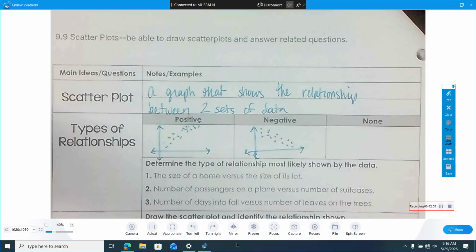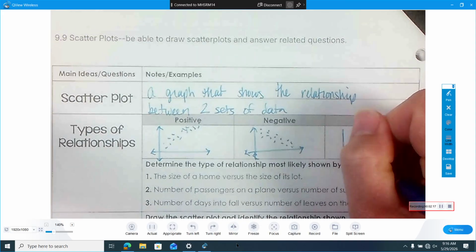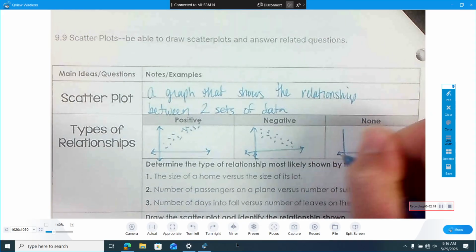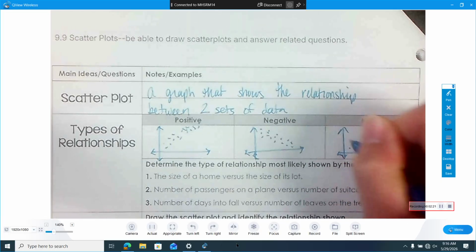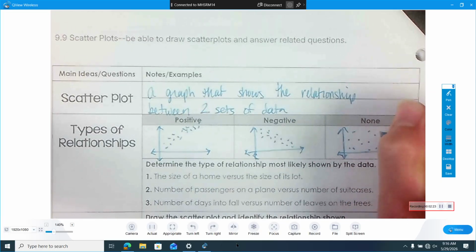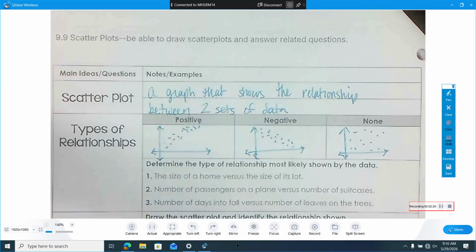That would be a negative relationship. As the X is getting bigger, the Y values are getting smaller. And then the last one we could have is no relationship at all, in which case it just looks like a big bunch of random dots. There's no linear pattern.